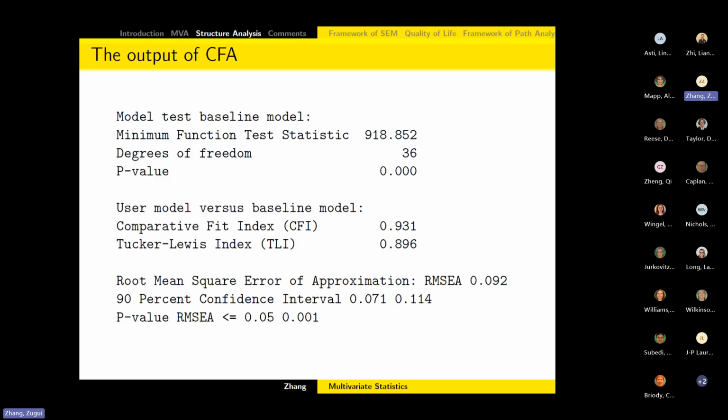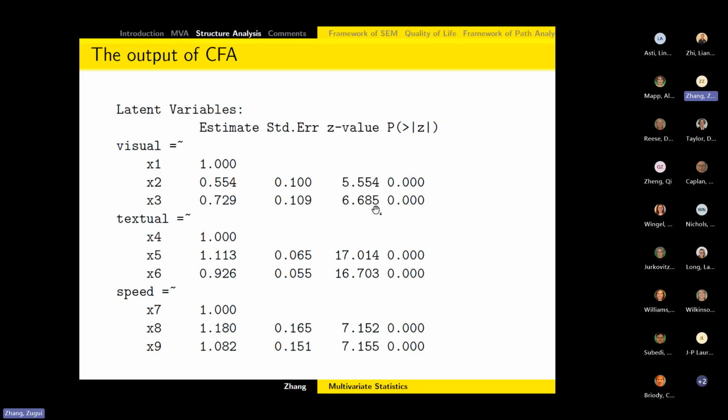And then we can get this output for the test statistics, and we can get the model evaluation information, like the model versus the baseline model. We can get the CFI and the TLI and other indices. And also we can get the RMSEA for this model fit. And also we can get the latent variables.